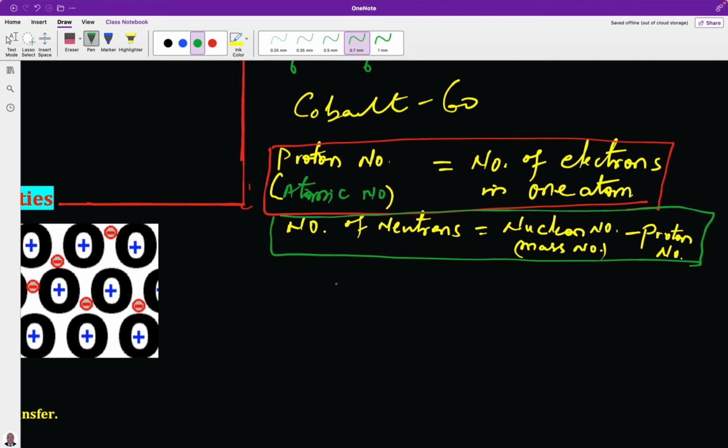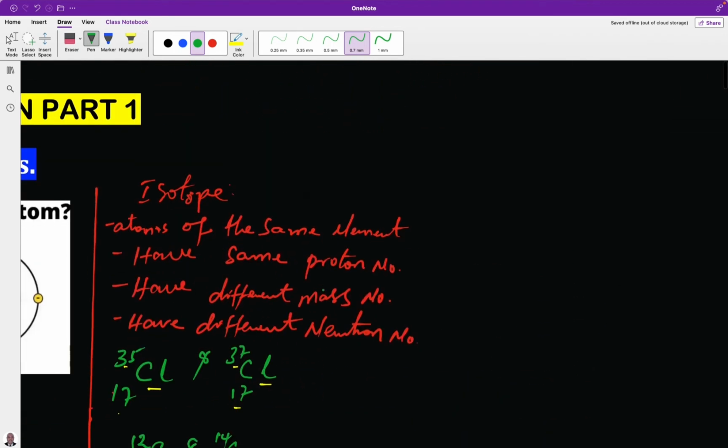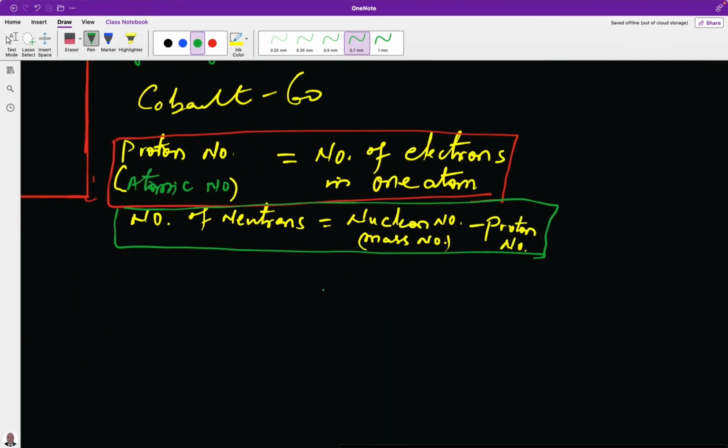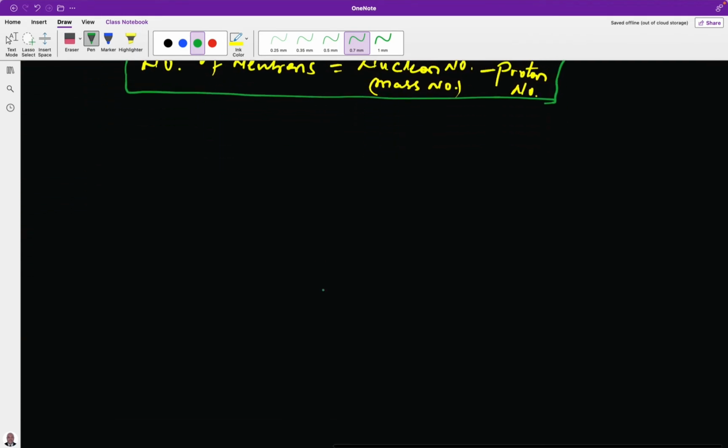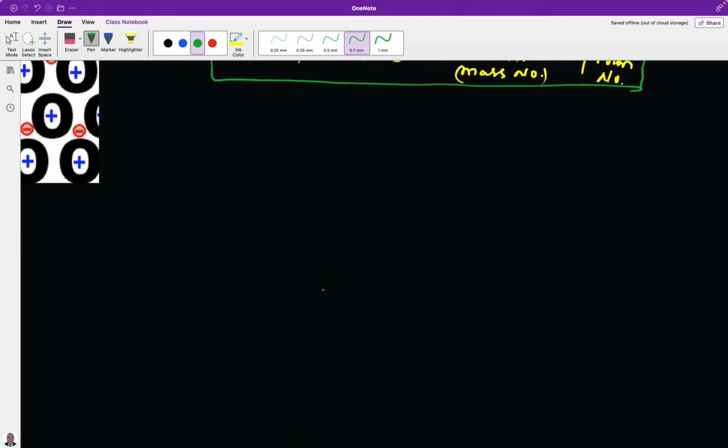Then, if I might ask, why are atoms neutral?